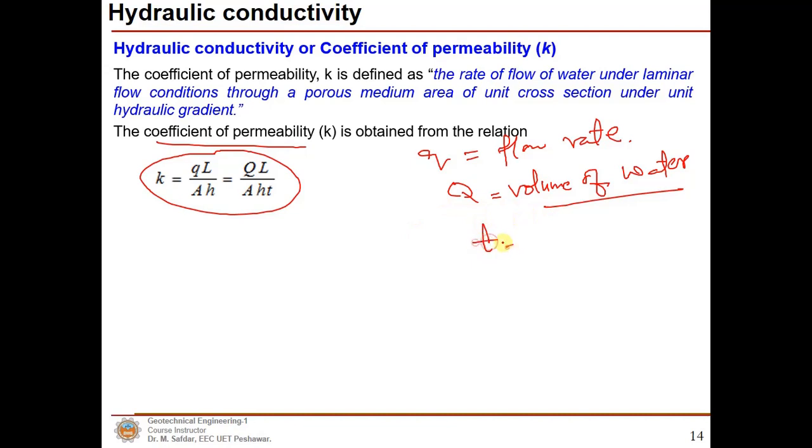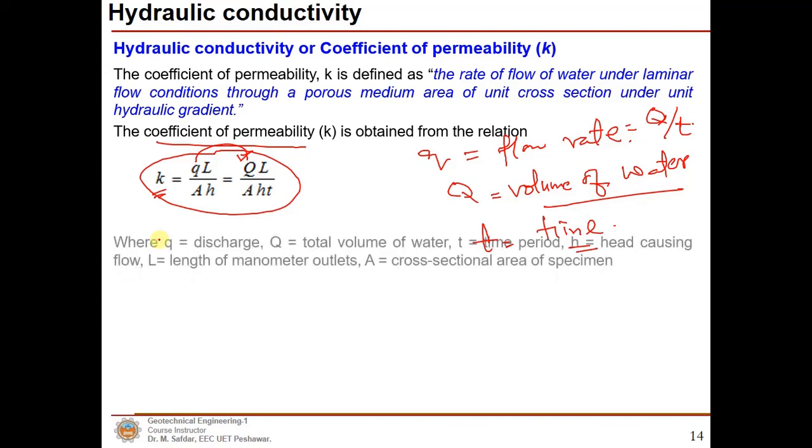You can write the flow rate as Q divided by t. So simply, they have replaced small q by Q over t, and you can find out K, which is the coefficient of permeability, which will be discussed in determining the coefficient of permeability using the constant head permeability test and the falling head permeability test.